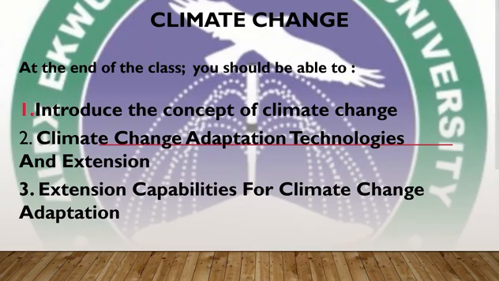We look forward that everyone at the end of the class should do a self-appraisal on the climate change adaptation technologies that are available in agricultural extension. And then we also will look at extension capabilities for climate change adaptation.